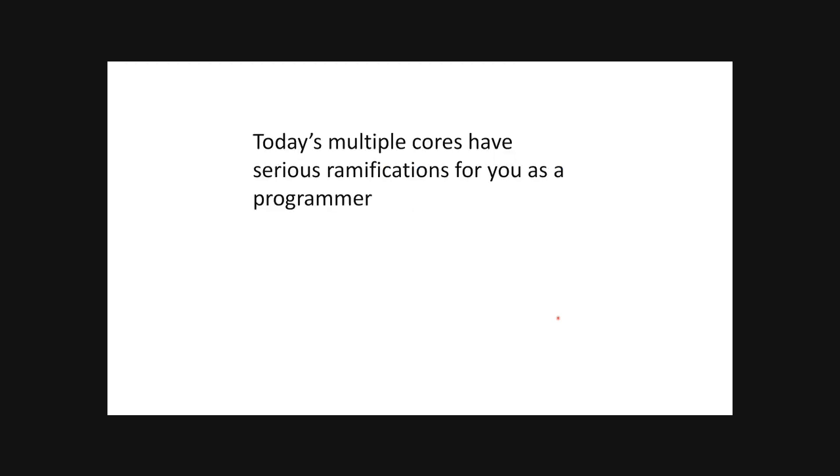So, one of the things that is important for you as a programmer these days is that you have to have some understanding of how the multiple cores in our machines work and what kind of ramifications there are for ensuring that our programs are efficient and effective.